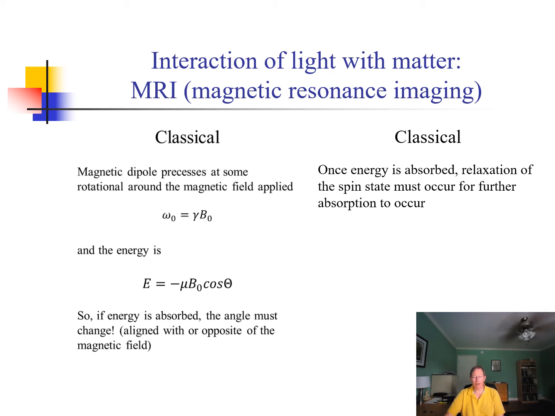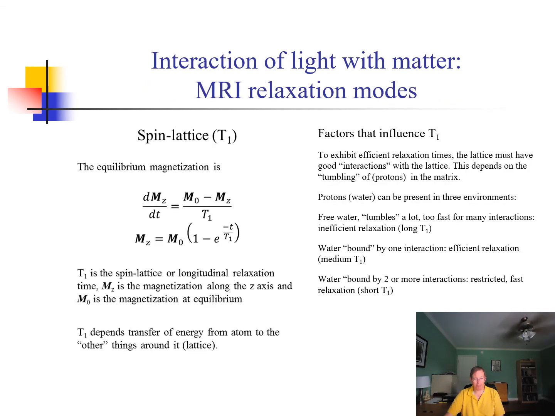Now, once that energy is absorbed, I have to relax, and there are two means for relaxing in magnetic resonance imaging. The first is called spin-lattice relaxation. If I look at the magnetization at equilibrium, the change in magnetization as a function of time depends upon the magnetization at equilibrium minus the magnetization along a certain axis. I'm going to define three axes for doing this.